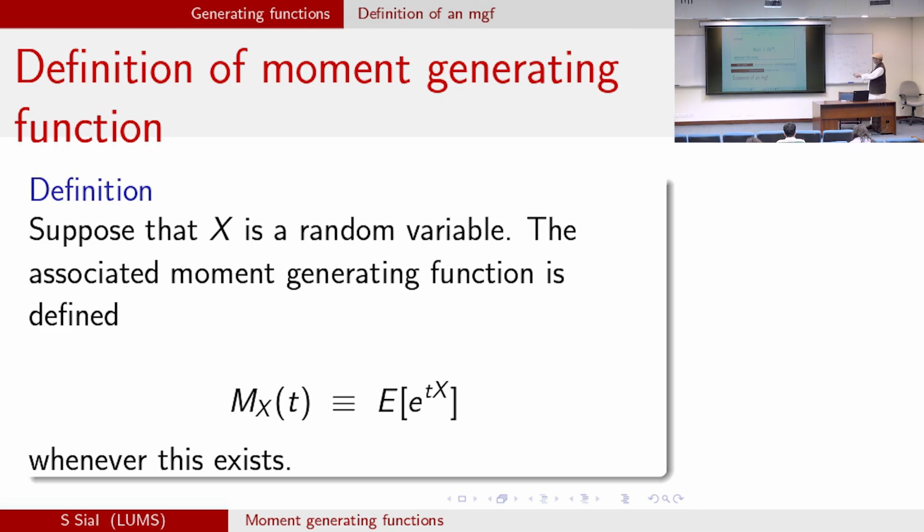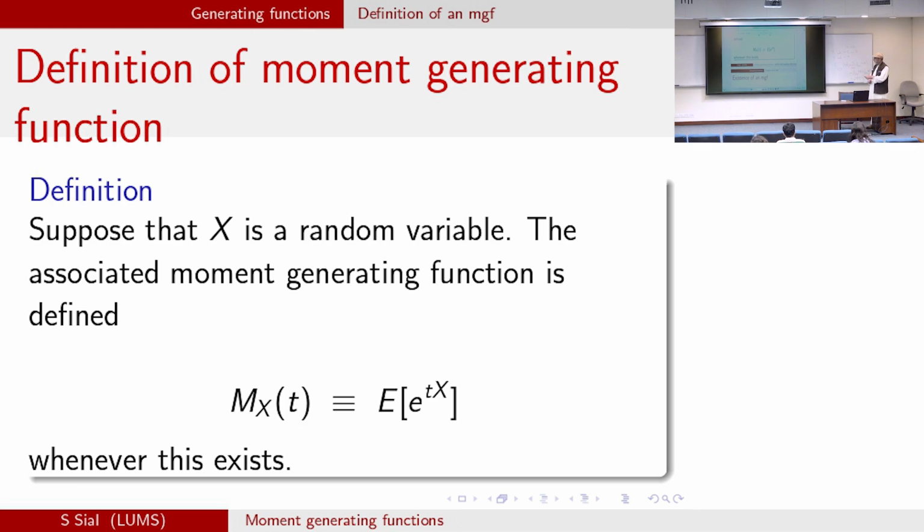So I have a random variable x, and what I do is I take my function of x to be the exponential of tx. So I had a random variable x, and I invented a new random variable, exponential of tx. Now I calculate the expectation of this new random variable.